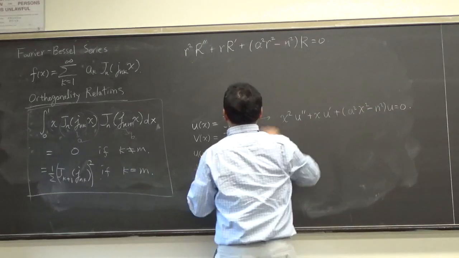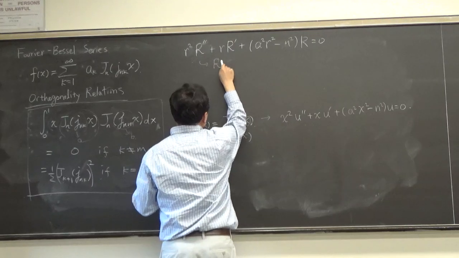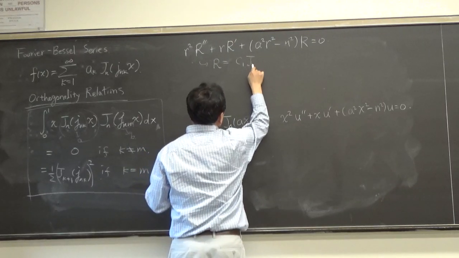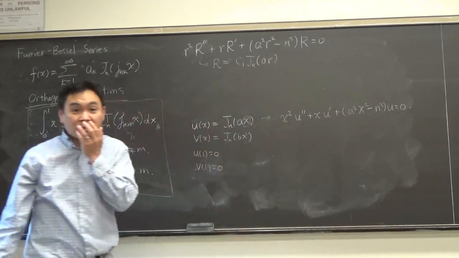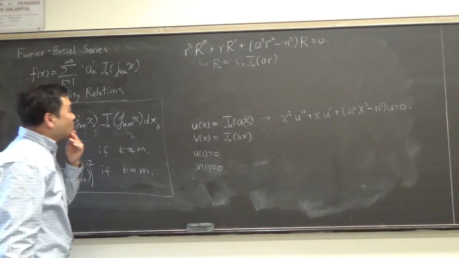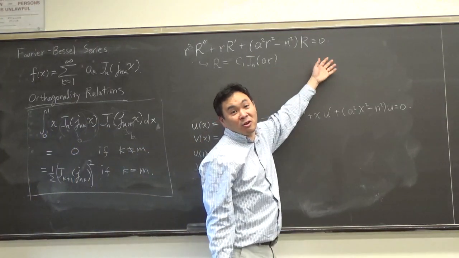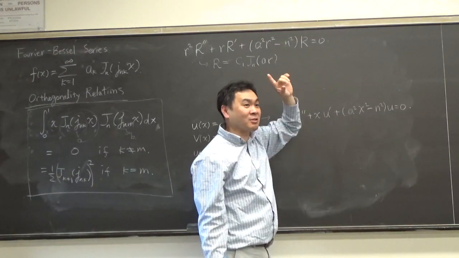Just remember that our result was that the solution of this was R equals C1 Jn of A times r. Is that okay? Along the way there was some change of variables that we worked out in the last lecture.